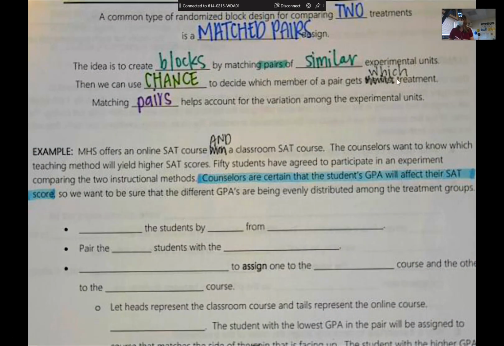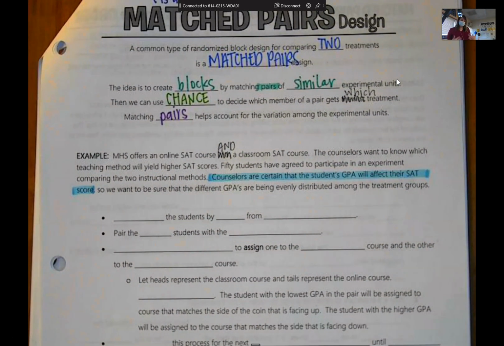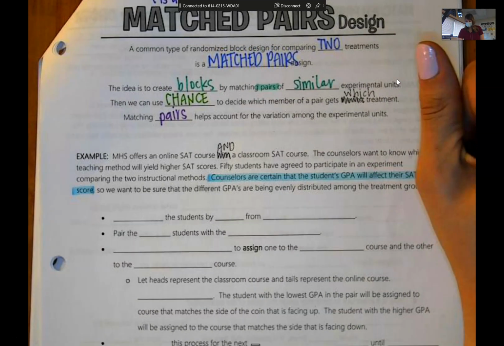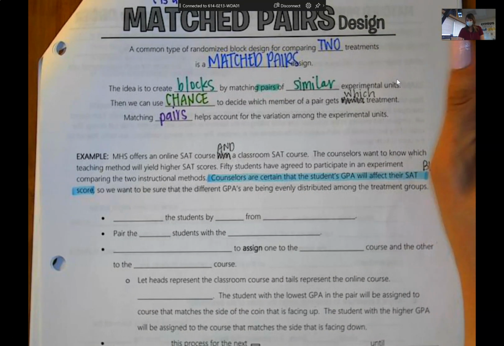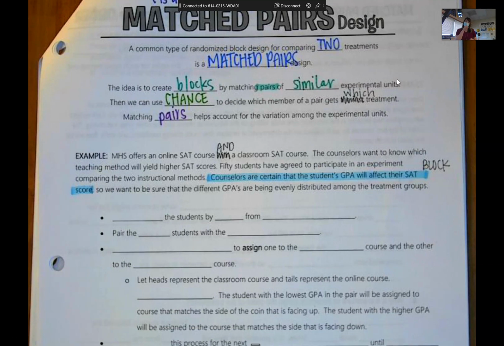They're sure that if your GPA is high, your SAT score is high. If your GPA is low, your SAT score is probably low, which would make sense to me. So what we have highlighted in blue is specifically what we are trying to block in this matched pairs design.